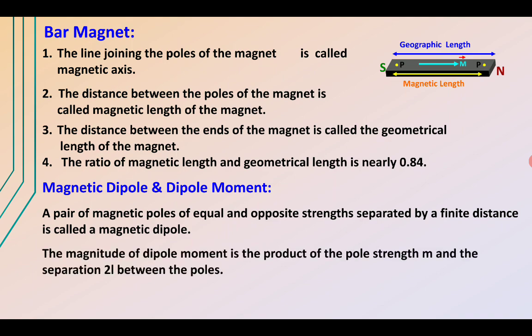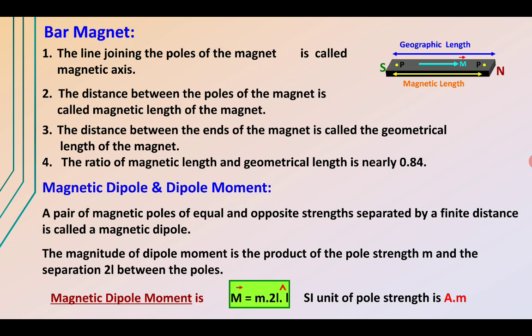So the magnitude of dipole moment is the product of pole strength m and the separation between the two poles, that is 2L, from the center of the magnet. So the dipole moment vector m is equal to m into 2L. This small m represents the pole strength, 2L represents the length of the magnet, and the SI unit of pole strength is ampere meter.